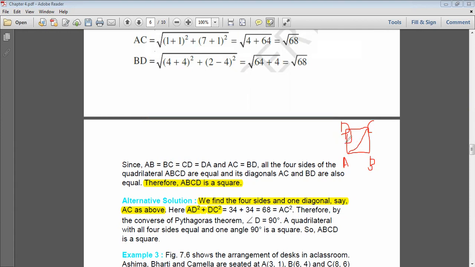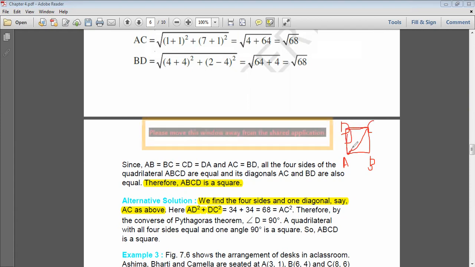Clear? This is a right-angled triangle. So you can directly apply the Pythagoras theorem. And again, you can see that as well. See here, AD and DC are both root 34 and their squares will give you 68.